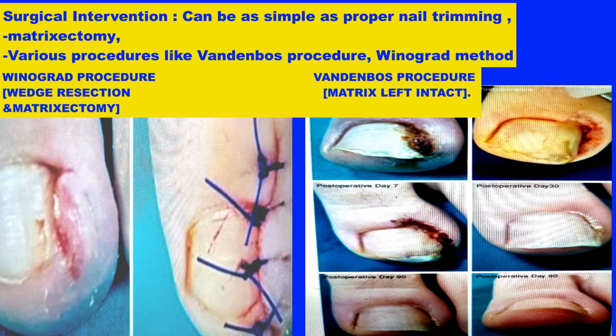Various other procedures like Van den Bosch procedure, where the matrix is not touched, it is just a release of the soft tissues. And on the left side you see the Winograd procedure, where wedge resection and matrixectomy are done, along with extension of the incision along the side of the nail to the proximal part of the distal phalanx.